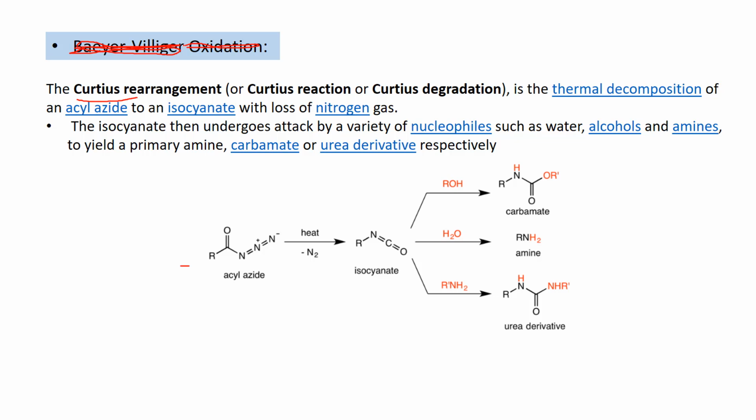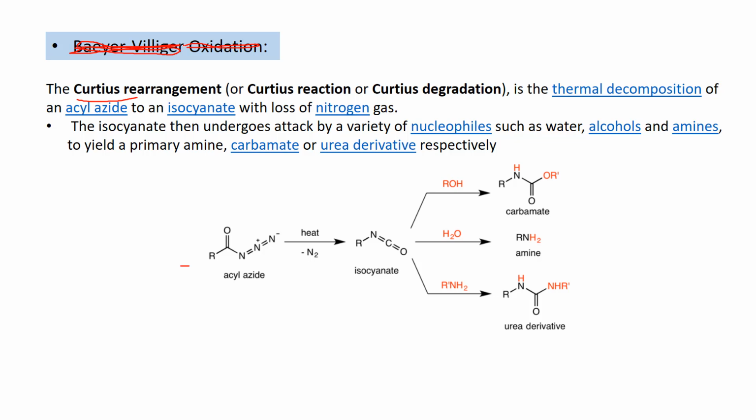The isocyanate then undergoes attack by a variety of electrophiles such as water, alcohol and amine to yield a primary amine, carbamate or urea derivative.